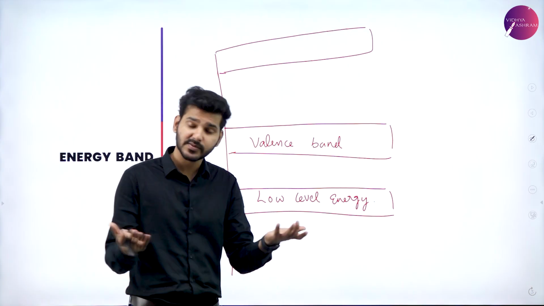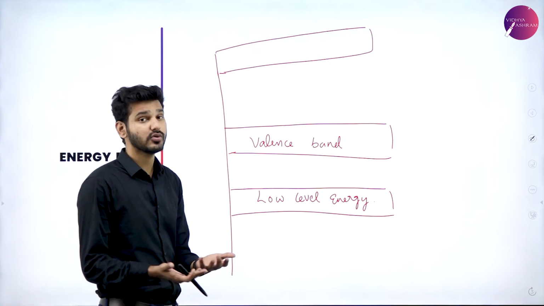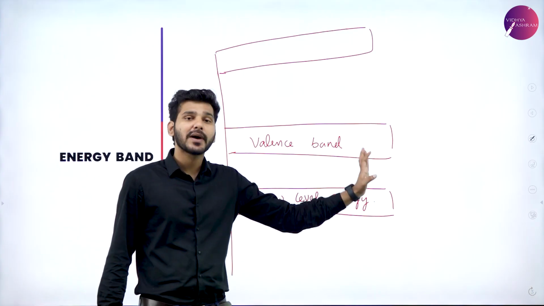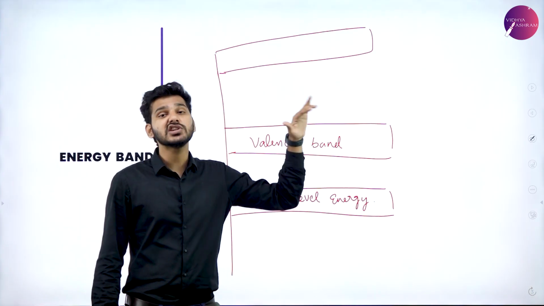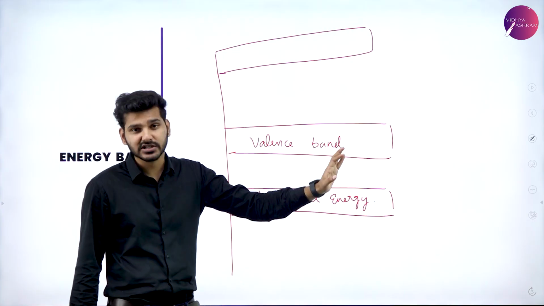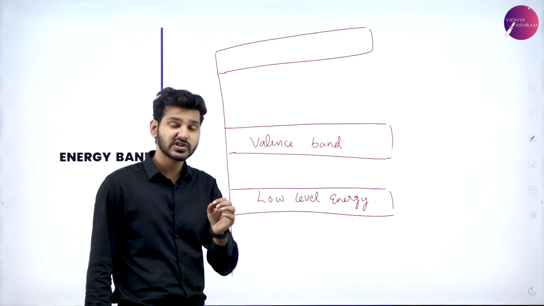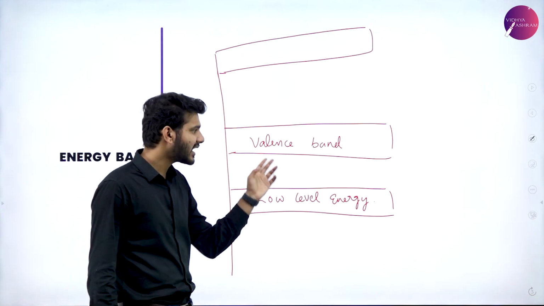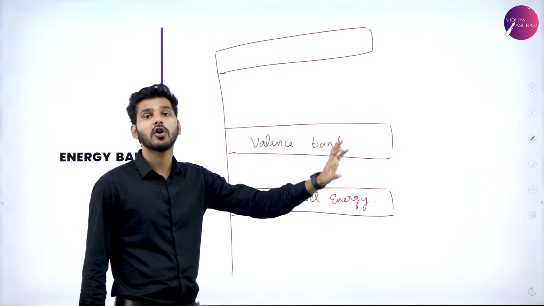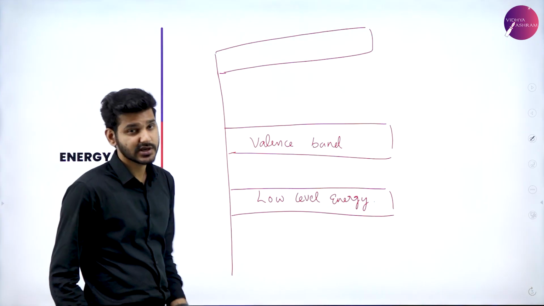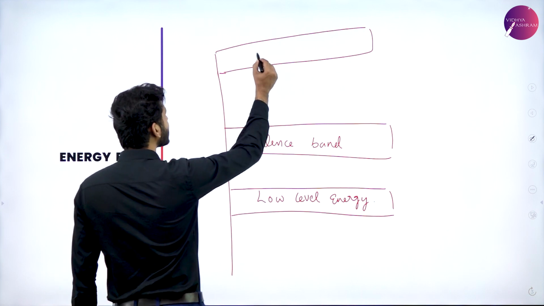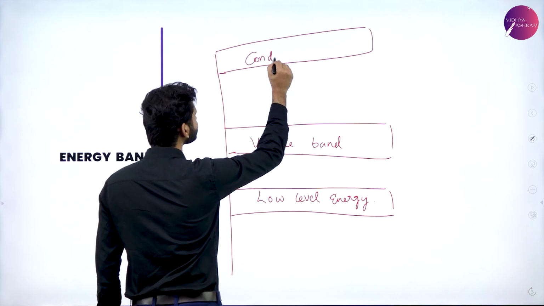Maybe just one electron, maybe two, maybe three, we don't know until we select the atom. The valence band is simply the energy band of the electrons in the valence shell. And just above that valence band there is the conduction band.